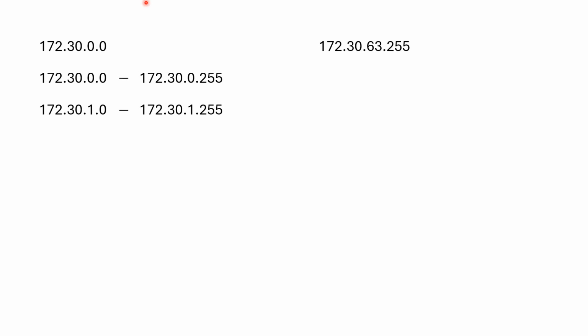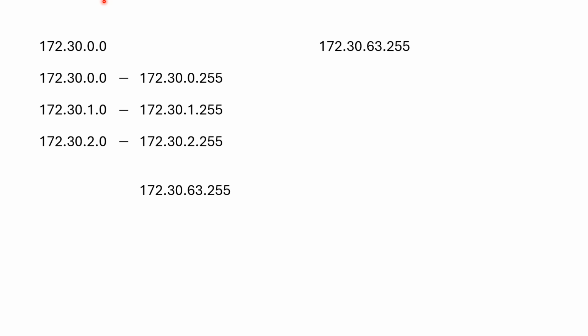We started with 172.30.0.0 and we can go on, but I'm not going to write all the IP ranges here. If we continue increasing the number in the third octet by 1 until we reach 63, the last IP address we will have is 172.30.63.255.